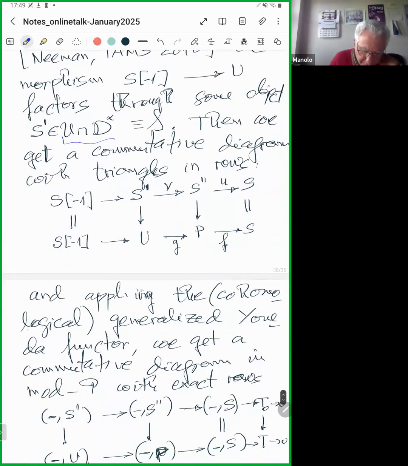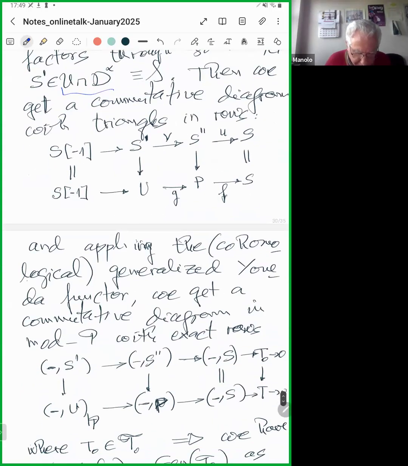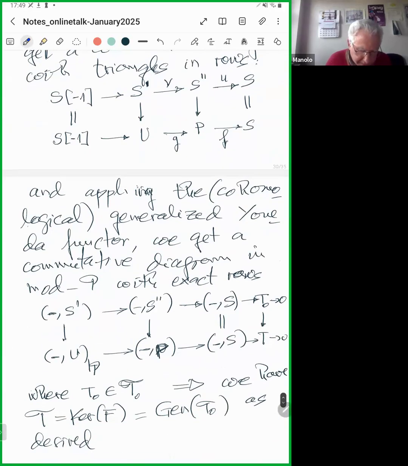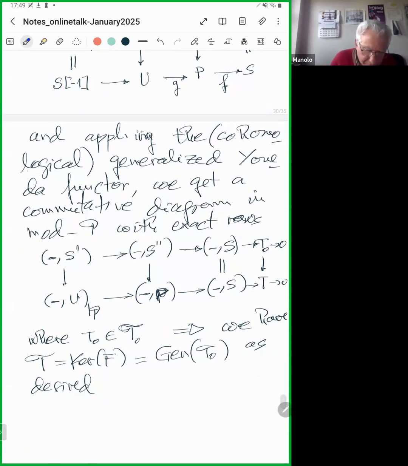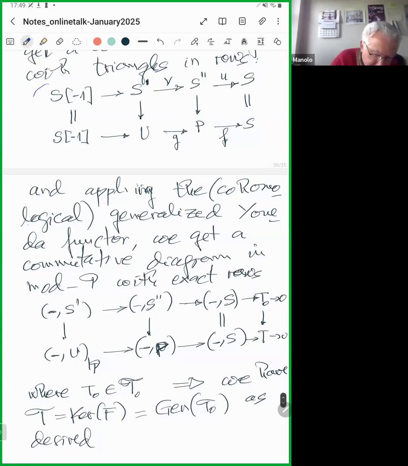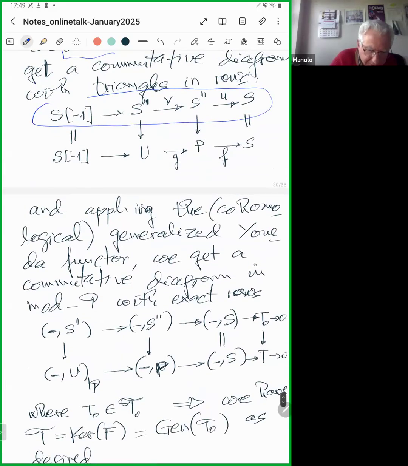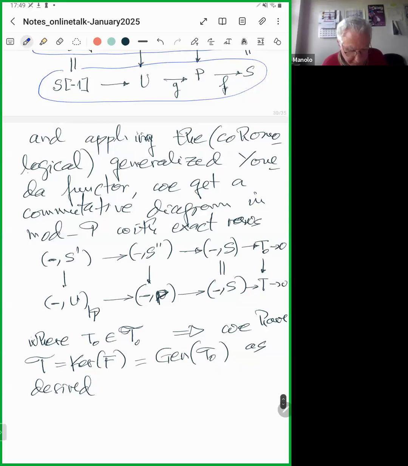And when you apply the cohomological functor, which here is not DH but the generalized Yoneda functor, you get a commutative diagram in mod P with exact rows, where above you have the triangle with DH applied to it, and in the lower row you have not the H but the generalized Yoneda functor associated to the lower triangle, and then you take the cokernel by our choice of the triangle.